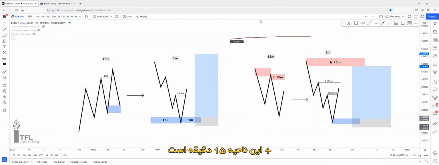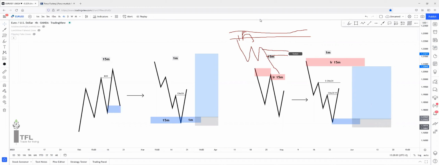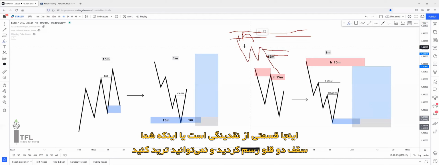We have a 15-minute zone. My drawing is bad, never mind. This is the 15-minute zone, and price goes lower and doesn't mitigate the 15-minute zone and makes a 1-minute order block. How do we react on this 1-minute order block? This is part of the liquidity, as you can see.